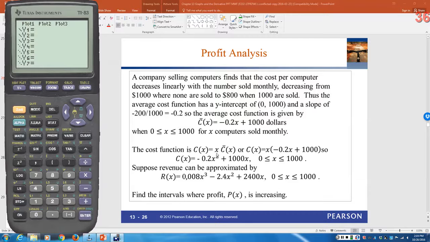So if I sell x computers, then I'll multiply x times that cost function. I'm sorry, times the average cost function, not the cost function. So there's my cost equation.